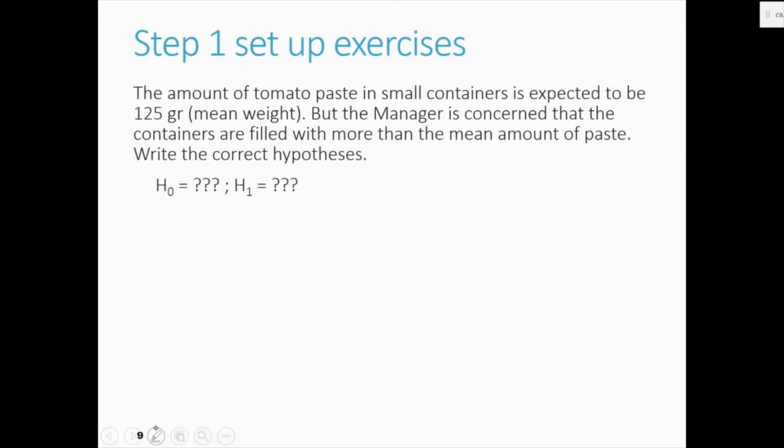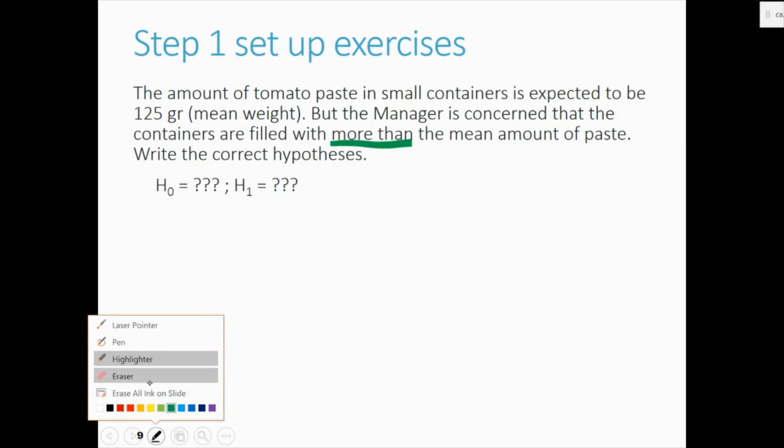Alrighty, let's see one more here. The amount of tomato paste in small containers is expected to be 125 grams. This is the mean weight. But the manager is concerned that the containers are filled with more than the mean amount of paste. Write the correct hypothesis.